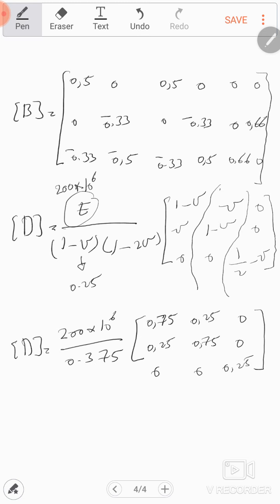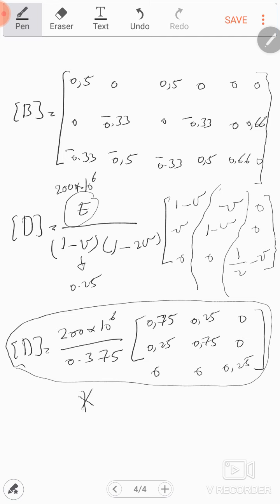After that, you can multiply all the elements of the D matrix by the B matrix, this one.